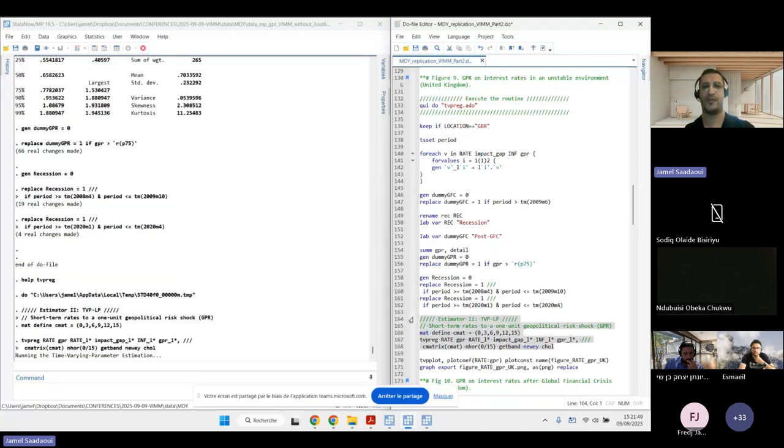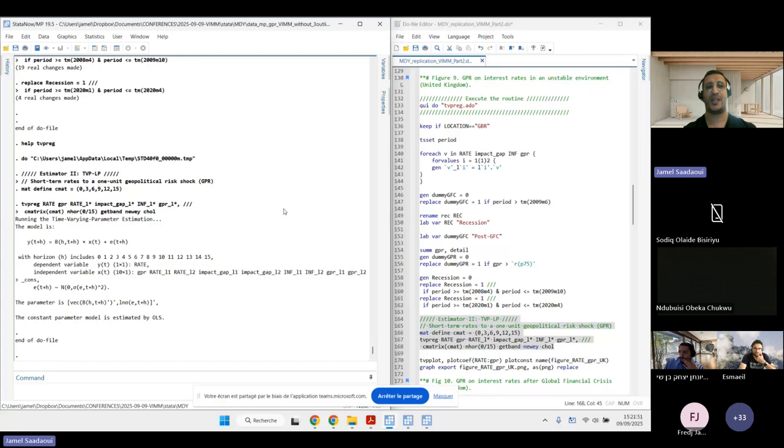So I run the code. If you don't have too many lags, it is quite fast. So the shock is on the log of the GPR here. The parameter is estimated with OLS.